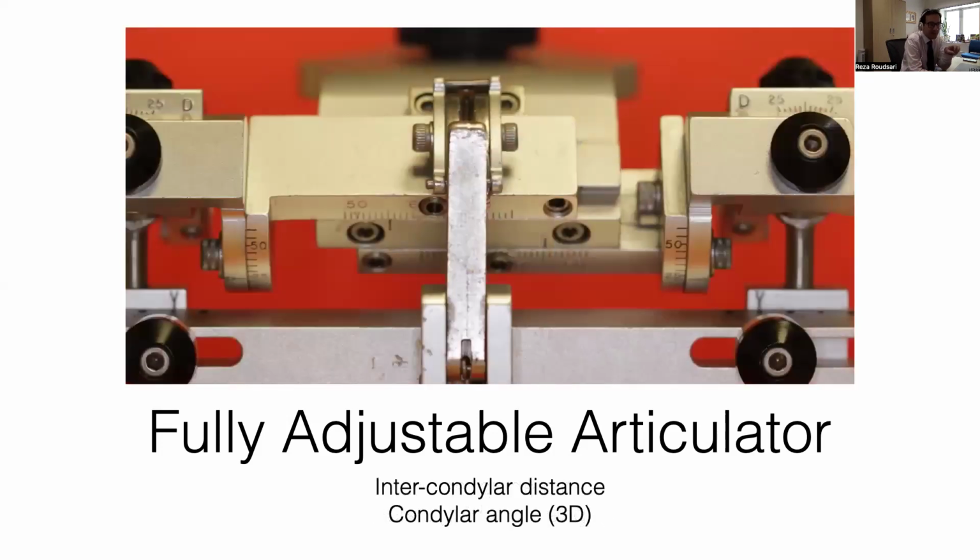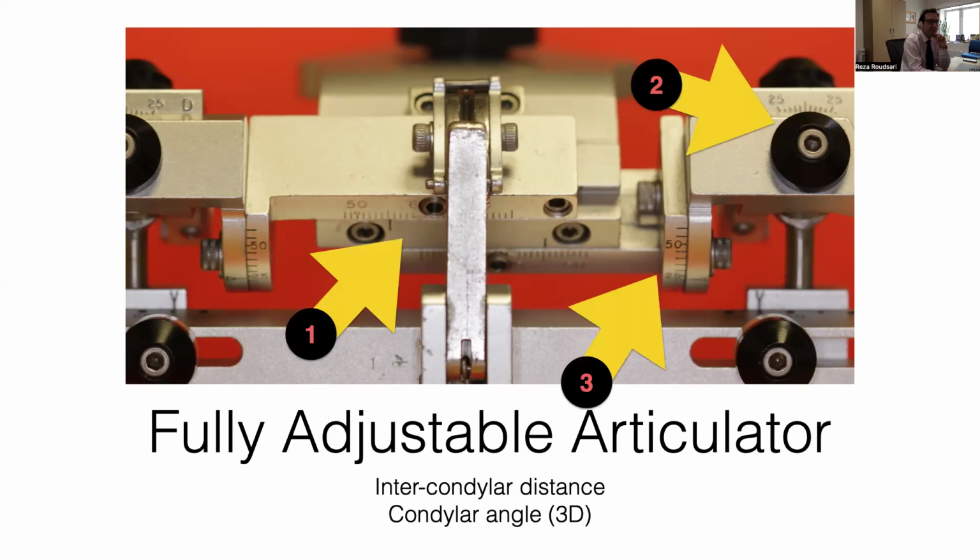Now, if you look at the back of the articulator, you can also see that the intercondylar distance can be adjusted, and you've got several screws which you can loosen and adjust the condylar angles in 3 different planes in terms of where your condyle is moving against the glenoid fossa.